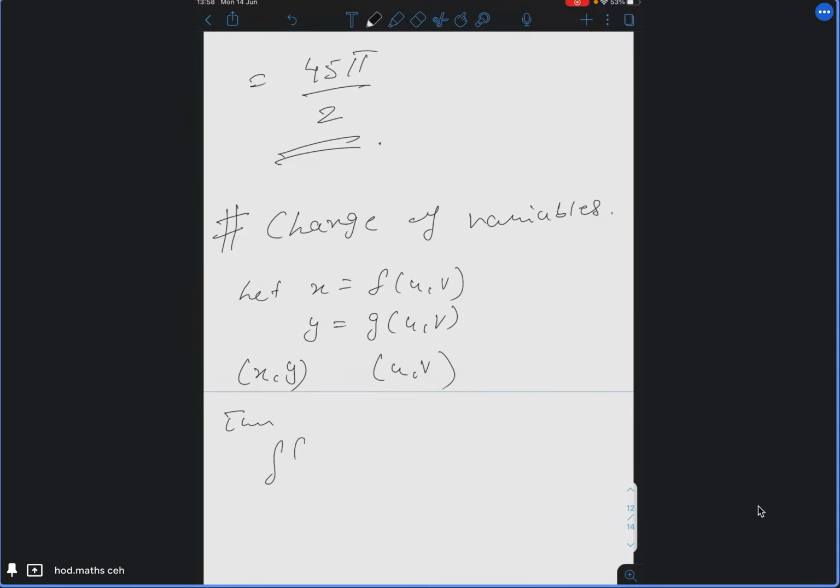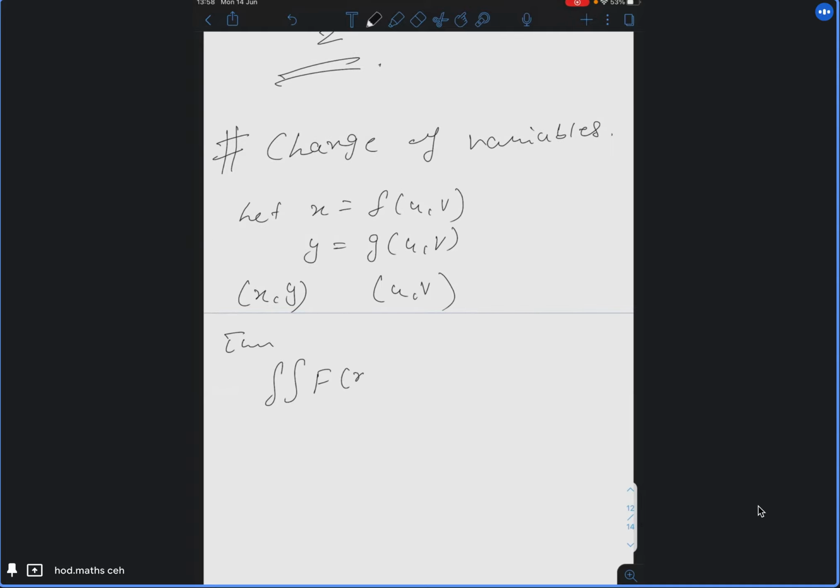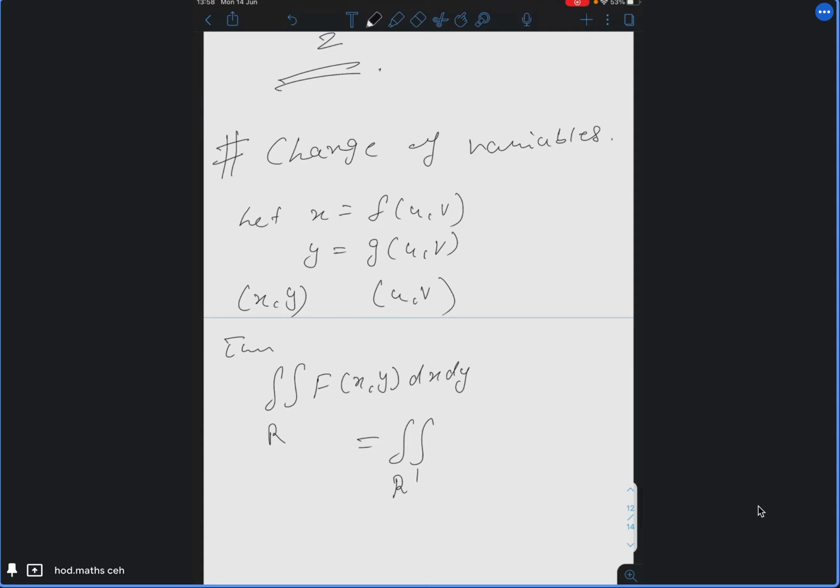Then the double integral in terms of x, y, dx dy over some region R will be the double integral over a new region. In this f, you will substitute x as some function in terms of u, v, and y as some function in terms of u, v.